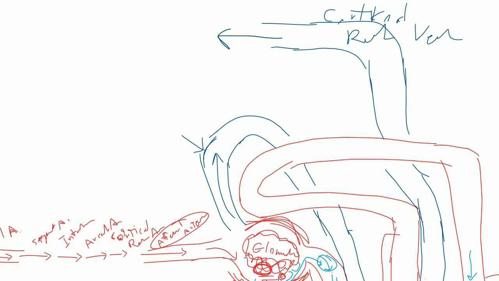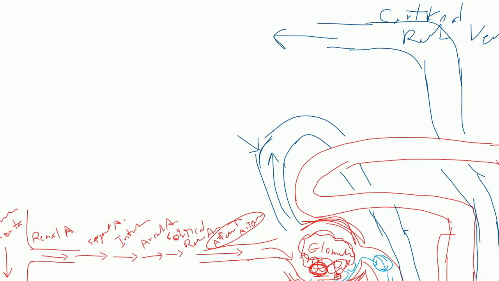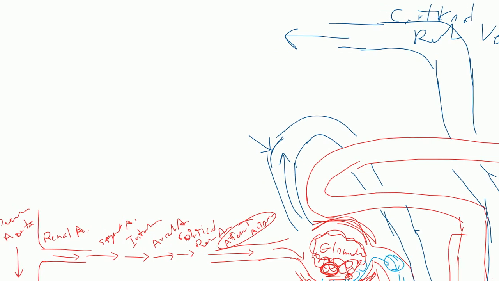I'm going to show you as the arrow. As you continue forward, and you can kind of take a guess where I'm going with this, it's going to become the arcuate vein. And as it becomes the arcuate vein, it will continue forward as the interlobar vein.